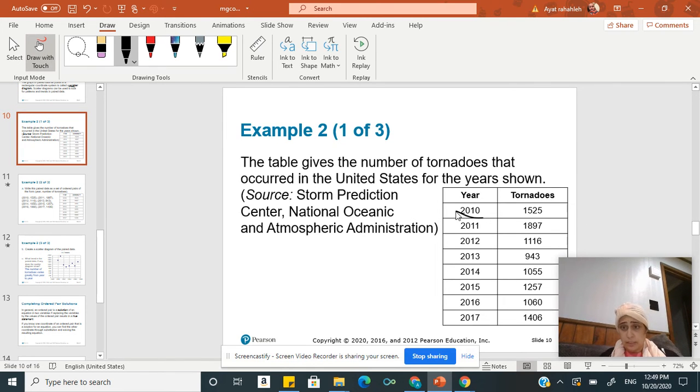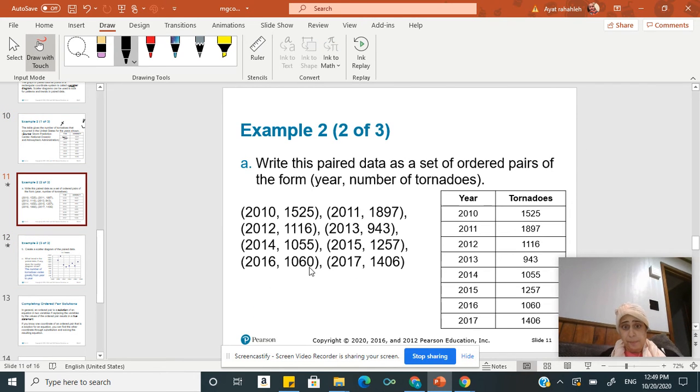This is a great example. We have the year, 2010, and tornadoes. You can say this is X and this is Y, right? This is our relationship, the year and the tornadoes, and this is a table given. So you can pair 2010, 2011, and so on with the number of tornadoes, and you can write it in a pair system. This doesn't mean it has to be graphed in that way. It's just for your better understanding.